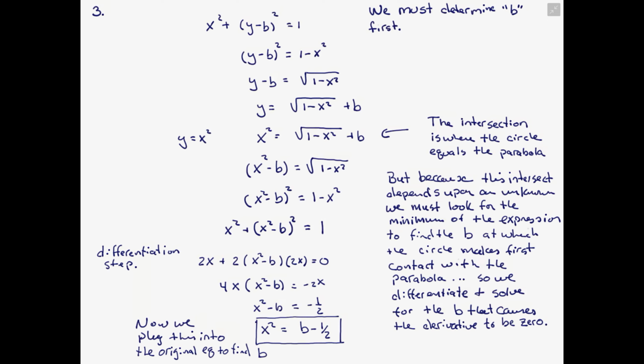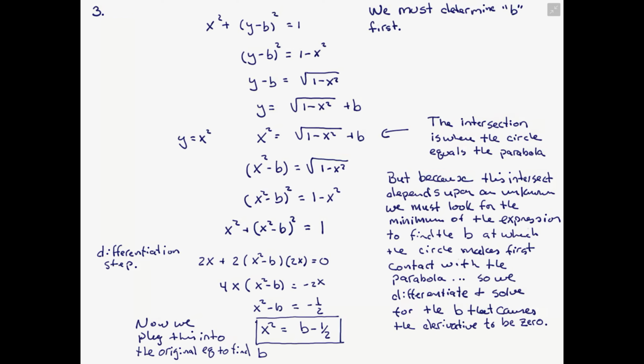And once we do that, we're able to solve for x, our intercept point between the parabola and the circle. So that is the difference within this problem. That's the trick or the key to this problem.